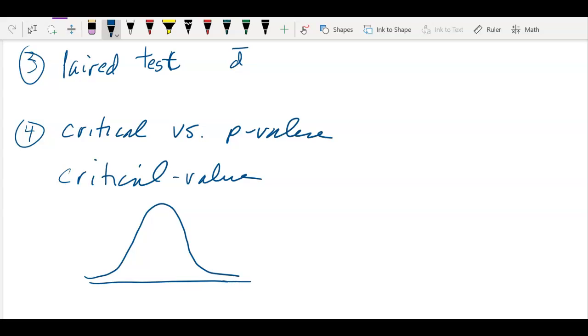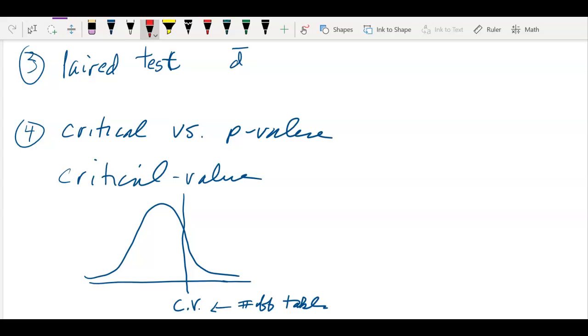All right, here's our normal curve. Let's suppose we have a right tail test for this one. It is the critical value that gets written here, and this is the number off the table. If you're looking at a Z table, it's a Z score. If you're looking at your T table, you have to utilize those degrees of freedom to get the correct number.